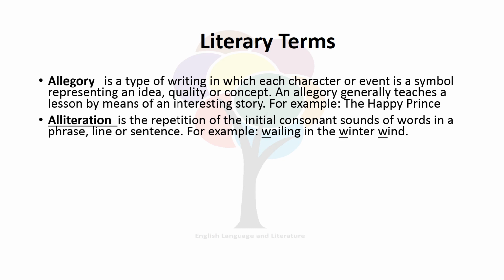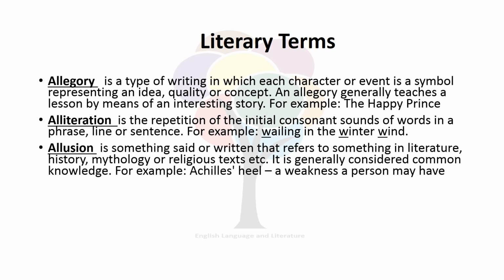There is another example. What is this life if full of care? We have no time to stand and stare. Stand and stare. The sound S, stand and stare. That is alliteration.